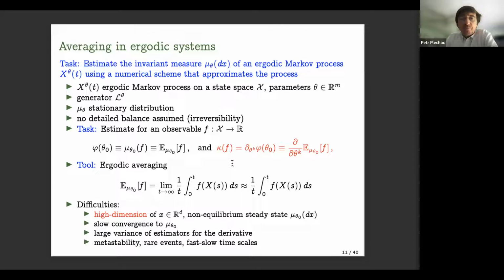So let me first say a few words about results which are well known, that, of course, in this ergodic process or ergodic dynamics, we can estimate the mean, the expected value of the observable, in this t goes to infinity limit and approximate it by truncation.